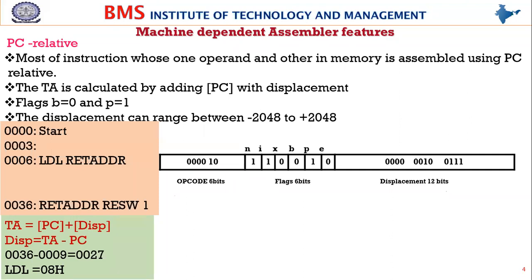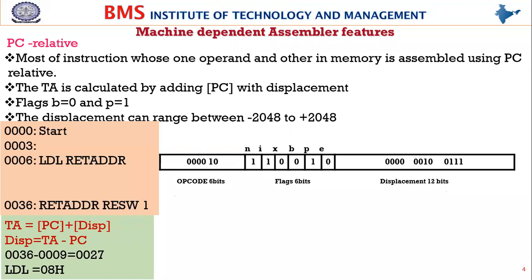And as it is a PC relative addressing mode, N and I bits are 1 and 1 as usual. X is 0 because it is not an indexed addressing mode, and indexed is not possible with PC relative. Remember that index is possible only with base relative addressing. P is 1 because it's PC relative. E is 0 because it's a format 3 instruction.